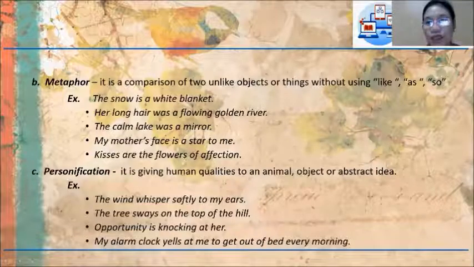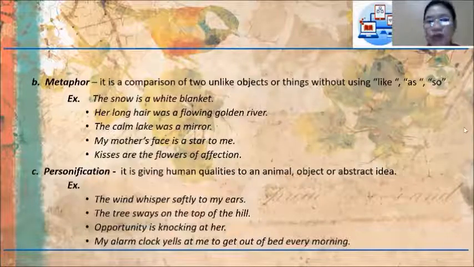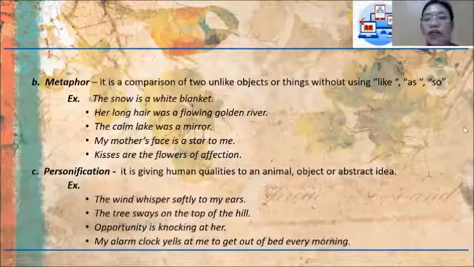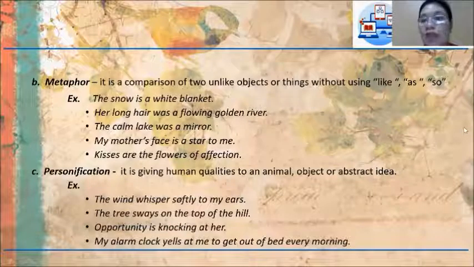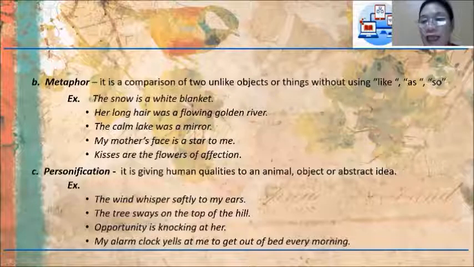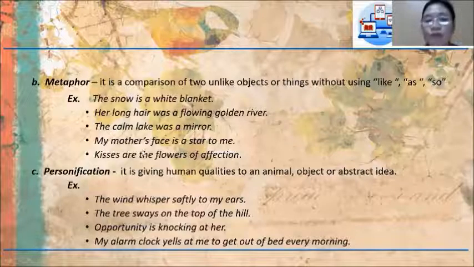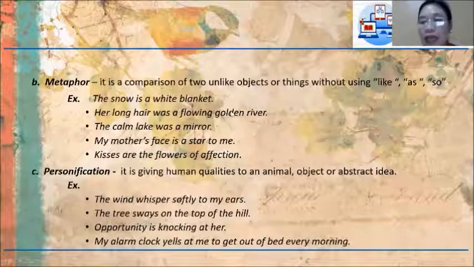So what is metaphor? It is the comparison of two unlike objects or things without using like, as, or so. So this is an implied comparison because we are not going to make use of like, as, and so. The snow is a white blanket.